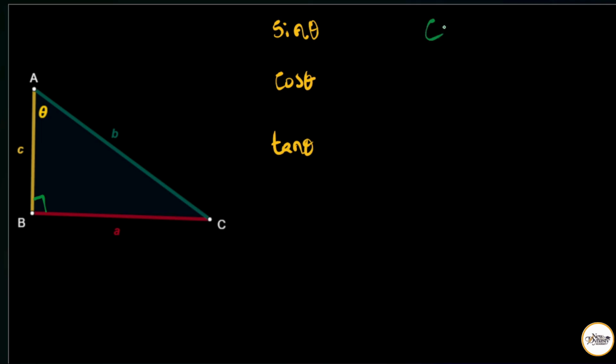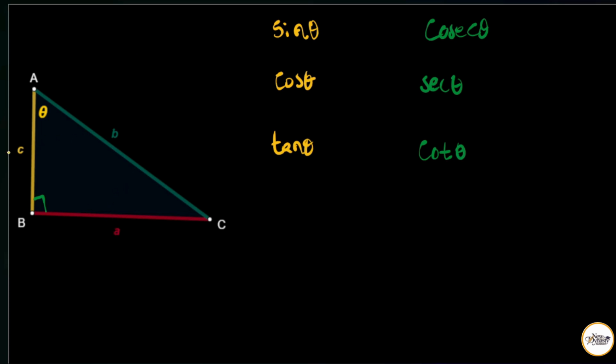So the reciprocal of sine is cosec. You should not forget that. And the reciprocal of cos is sec theta, because the angle that is given is theta there. And the reciprocal of tan is cot theta.